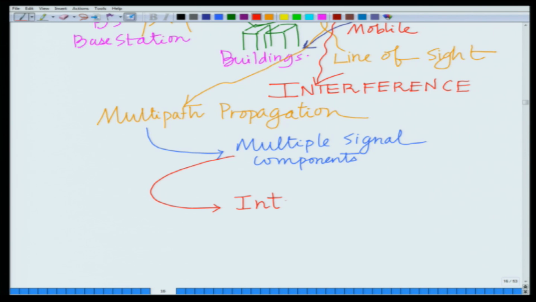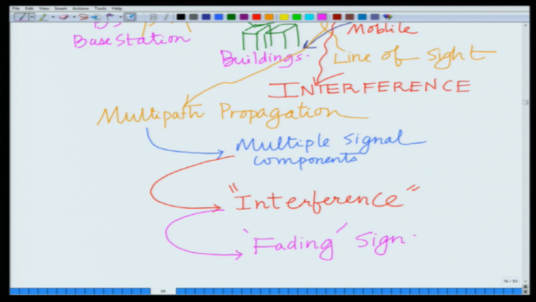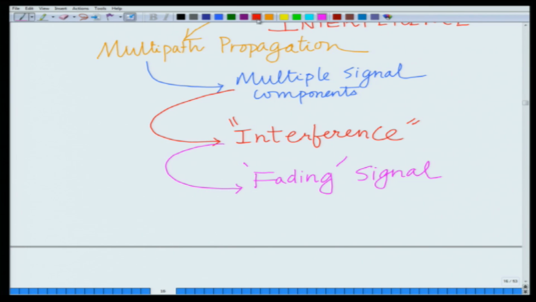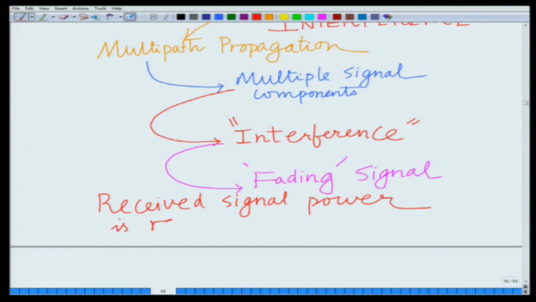This is known as multipath interference. Because of interference, the received signal is fading. This leads to a fading signal, and as the signal is fading, the received signal level, or received signal power, is random.